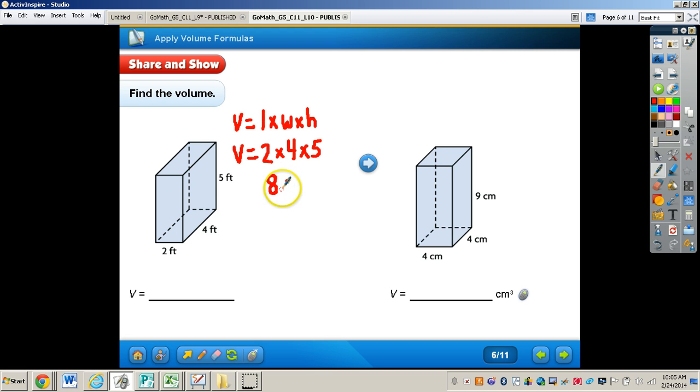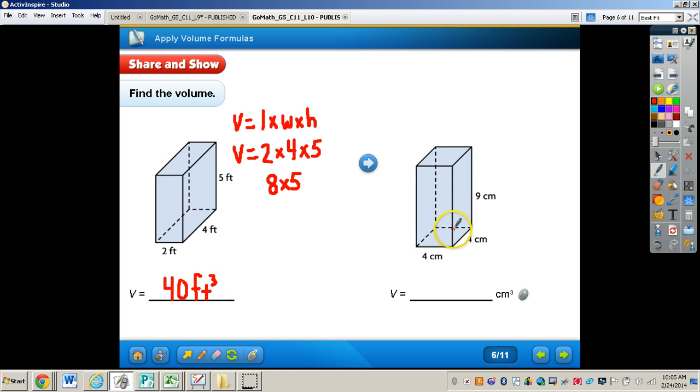Then we're going to multiply that by the height. Then we know 8 times 5, that's actually going to give us our answer of 40 feet. Remember, with volume, we're always dealing with cubic units. So 40 feet cubed.